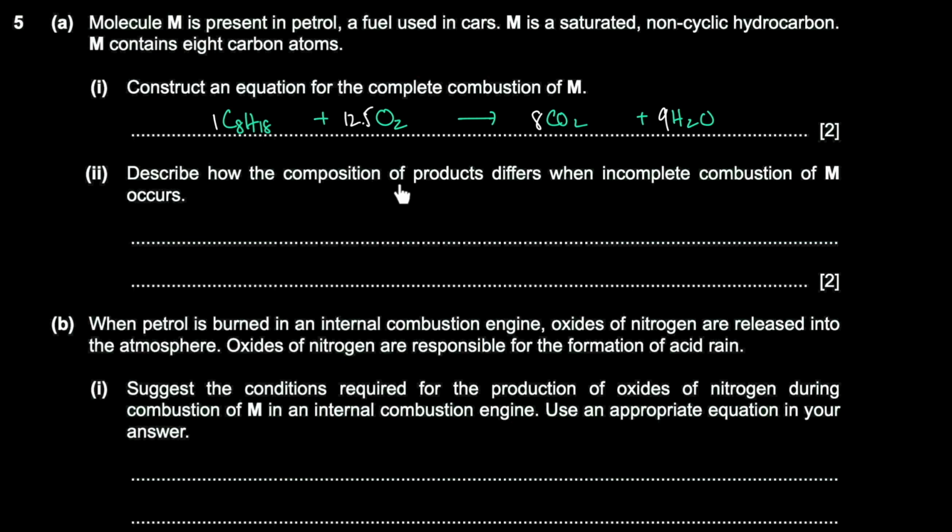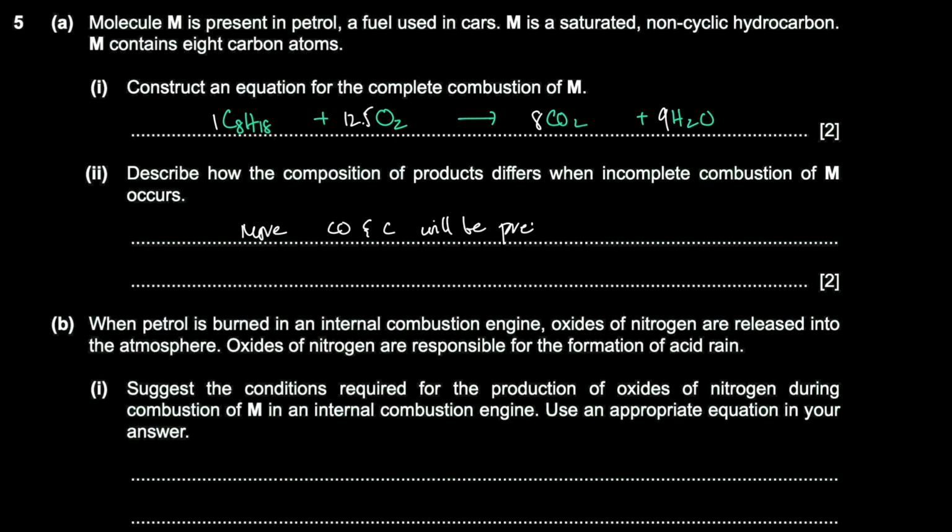Describe how the composition of products differs when incomplete combustion of M occurs. If you have incomplete combustion, you're going to have more carbon monoxide, and carbon will be present.